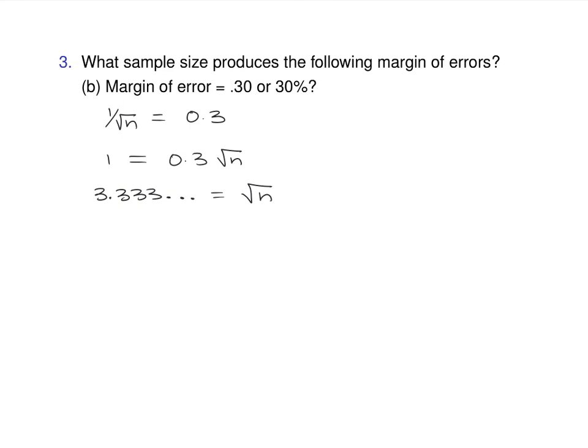Square both sides, and you get n equals 11.111, etc. Now, you have to, in this case, round this up to 12 because you can't ask a tenth of a person. So you have to take 12 people. And the reason you don't round down is rounding down would put you below that threshold. So to ensure you're within it, you always have to round up in these cases.